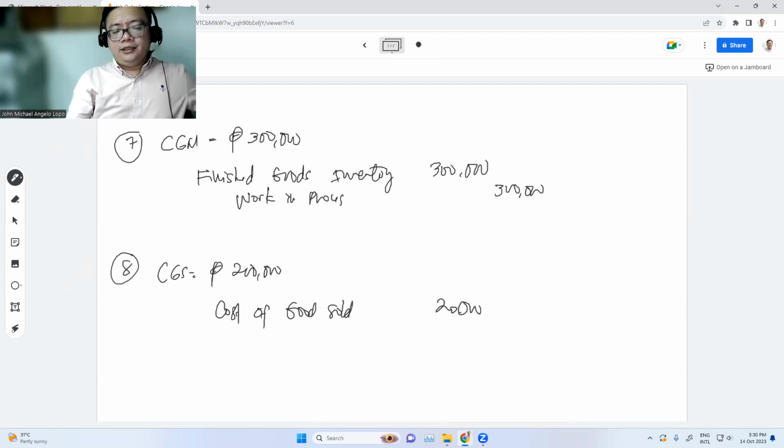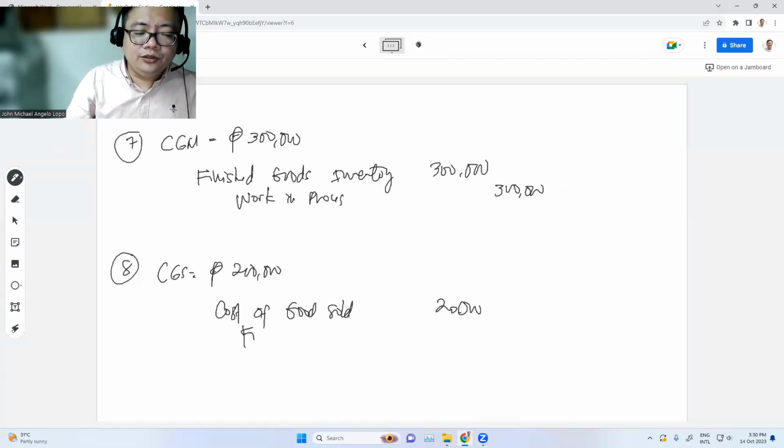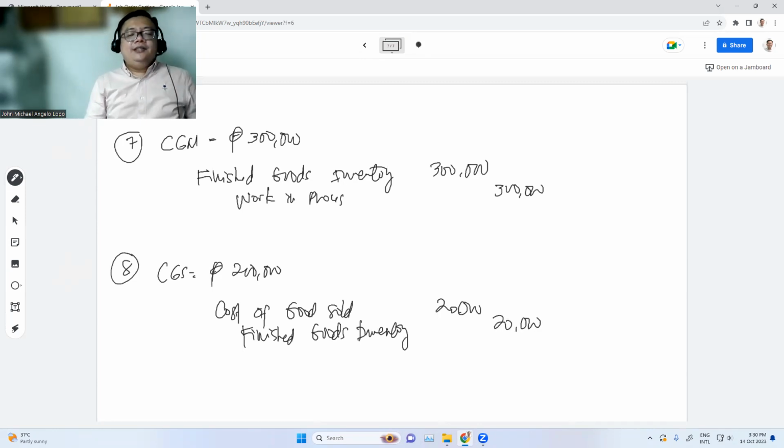And you credit here what? You credit here our finished goods inventory. It is worth 200,000. Yan, class, yan yung ating mga entries. Okay? I think we are finished.